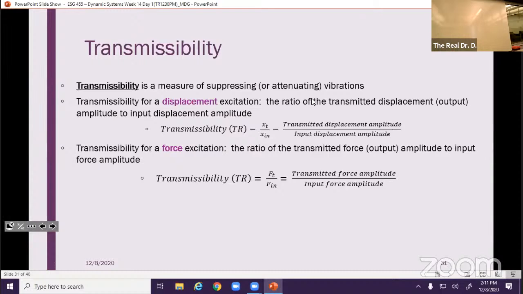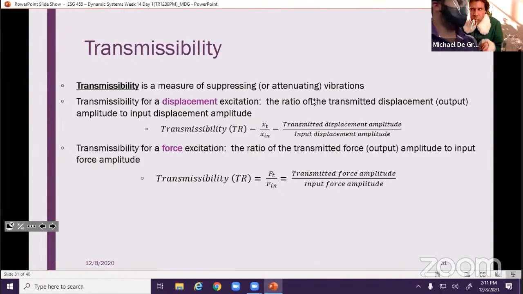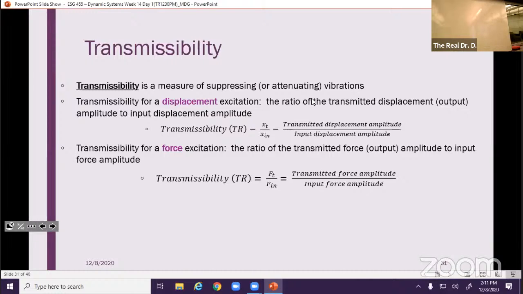It's not exactly a transfer function, but it sounds like the transfer function where we're looking at the amplitude ratio. We talked about amplitude ratio. Isn't that just the magnitude of my sinusoidal transfer function at a specific frequency? So it turns out that the transmissibility is just another way for us to package the magnitude of a system from the Bode magnitude plot.